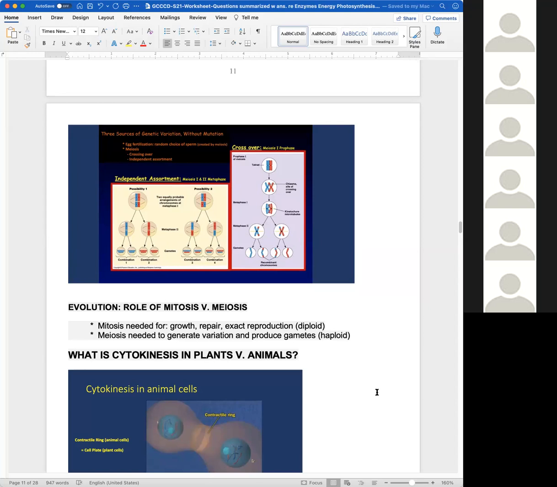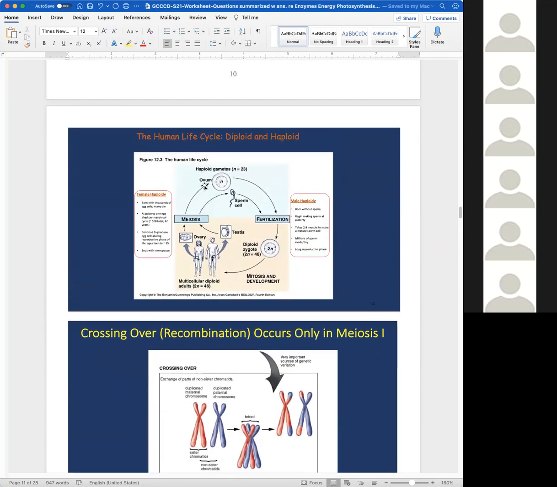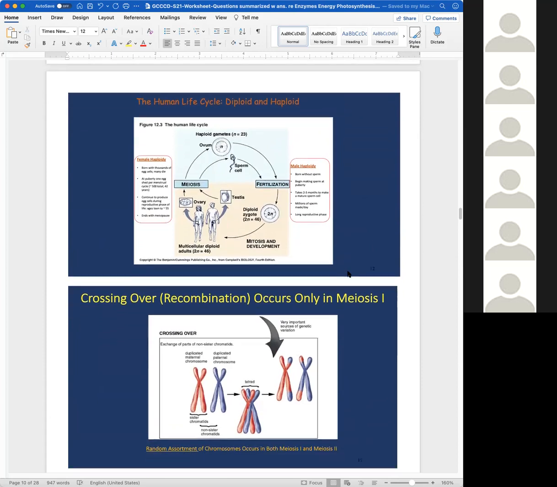Meiosis, on the other hand, is critical in the generation of variation and for the production of gametes. Without meiosis, it would not be possible to generate gametes. And again, going back to look at this picture, gametes are essential for the next generation to occur.